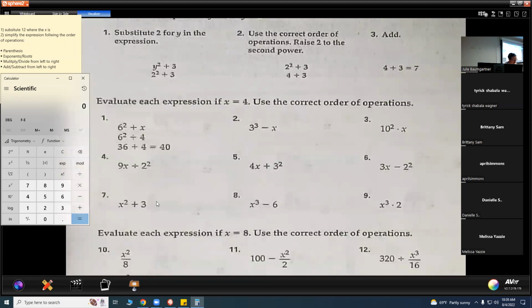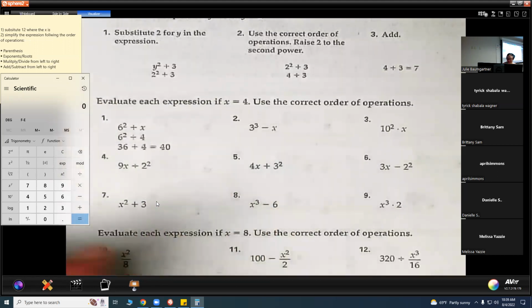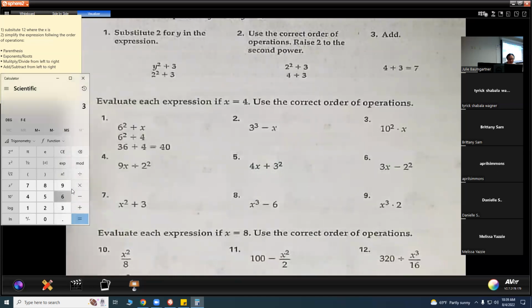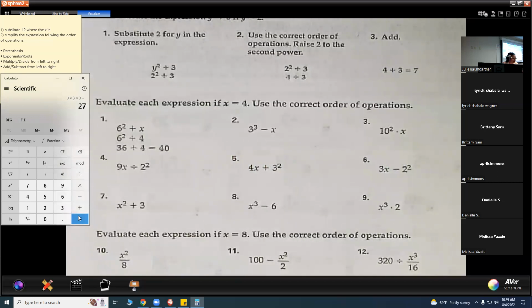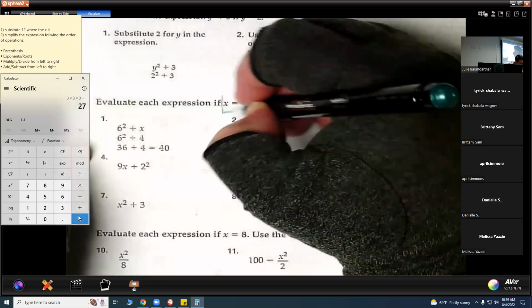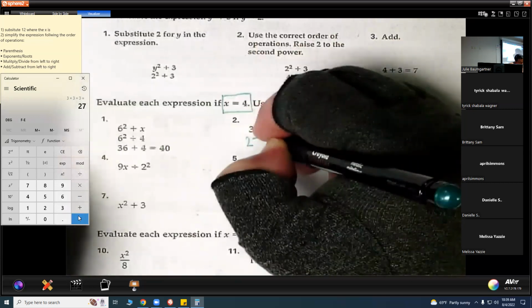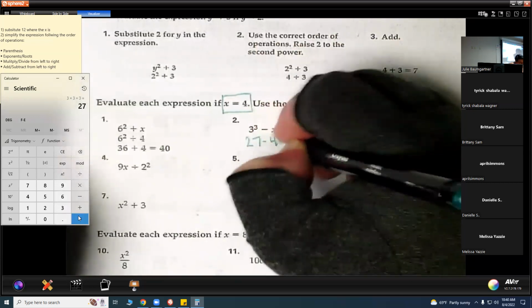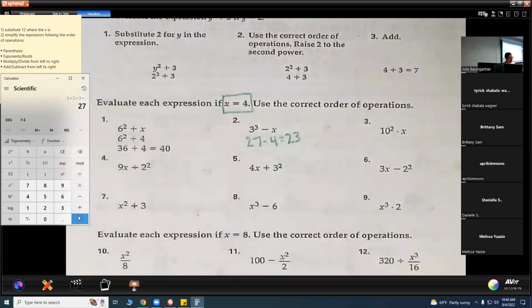Exactly. 3 times itself 3 times. Good. So 3 times 3 times 3 gives us 27. Okay. So then 27 minus, and it looks like x equals 4. So 27 minus 4 equals 23. This is the very back page, Spencer.